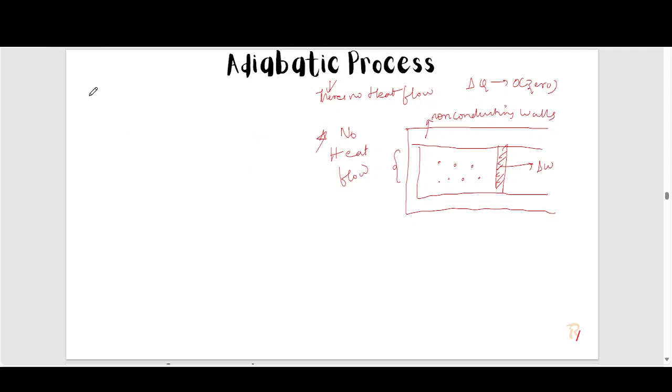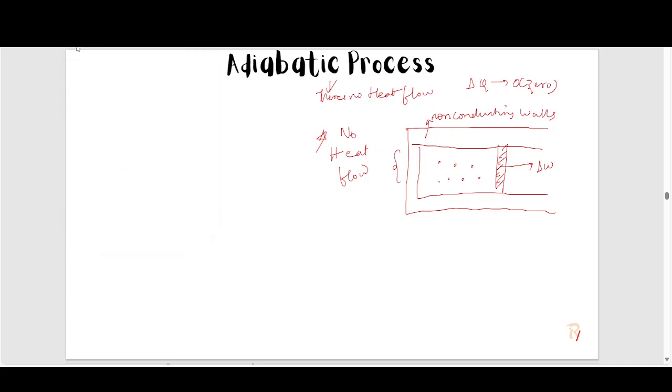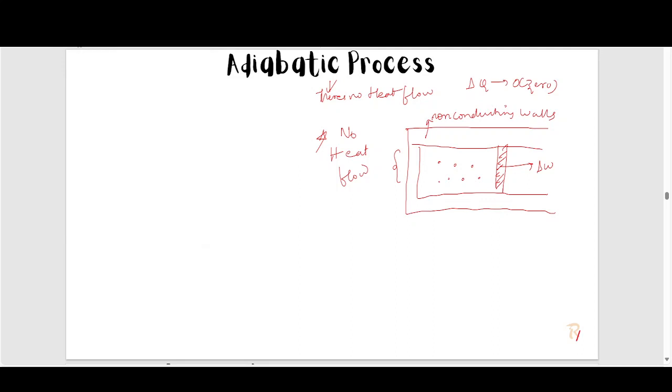From internal energy, we can say that del U equals nfR delta T upon 2. Del W equals PdV.